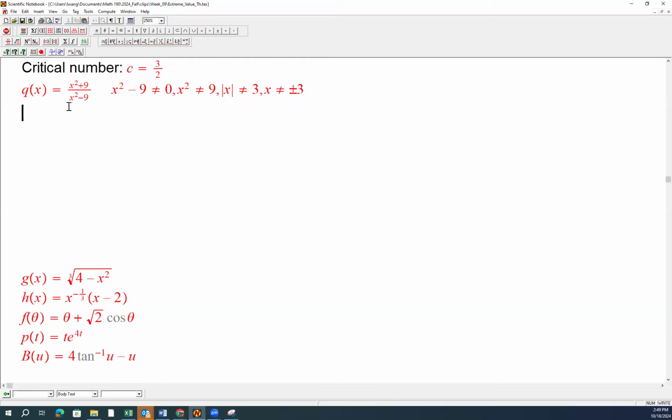So let's see what will be the critical number. We have to take a derivative to find critical numbers, right?